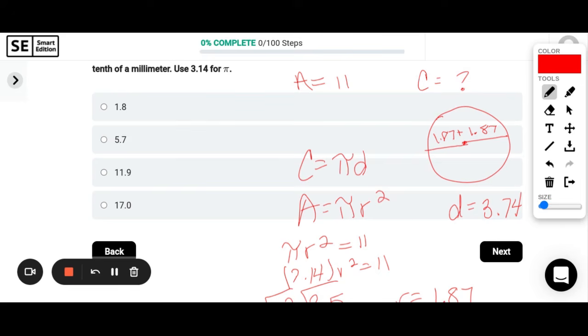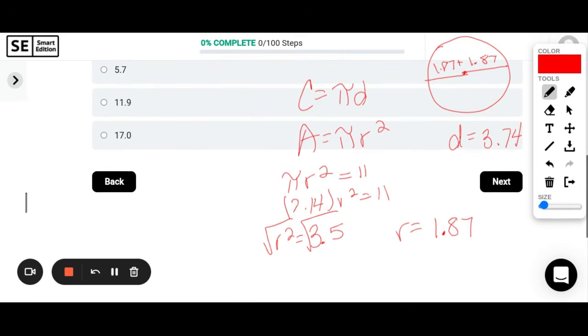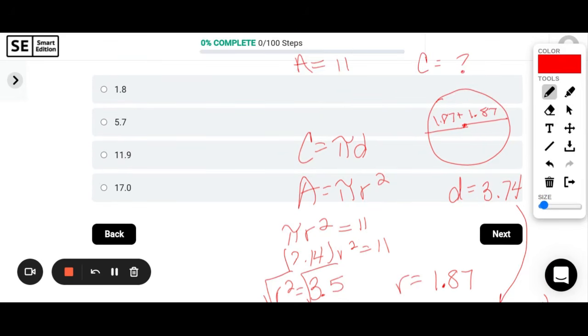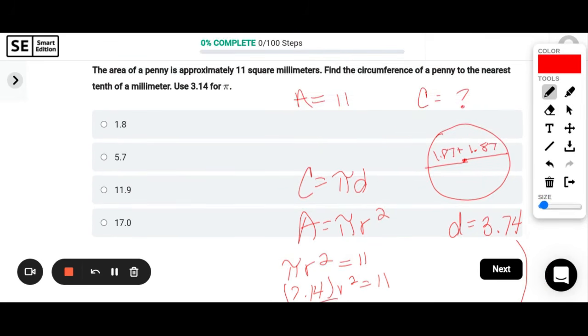And if I multiply that by pi, 3.14 is what we're using for pi, and multiply that by 3.74, you will find your circumference is 11.7436.